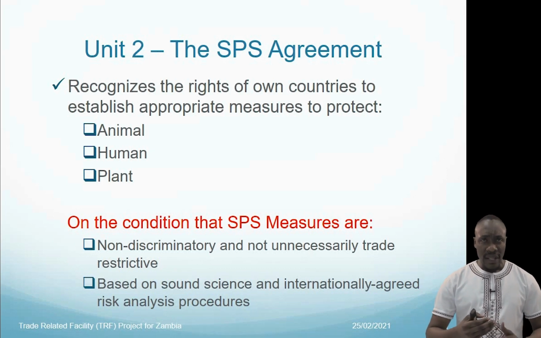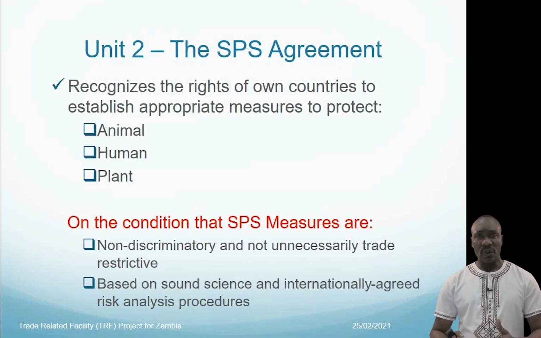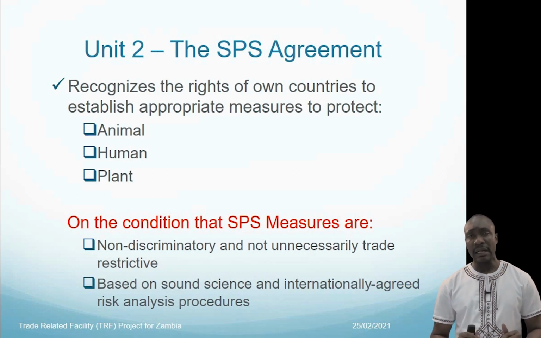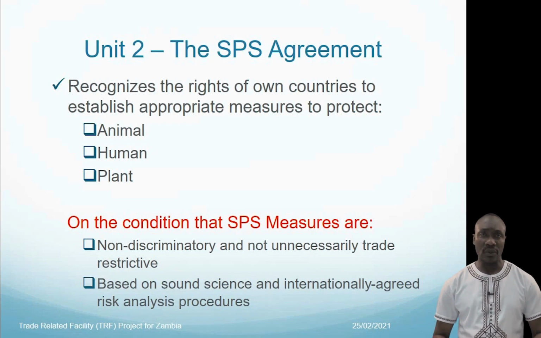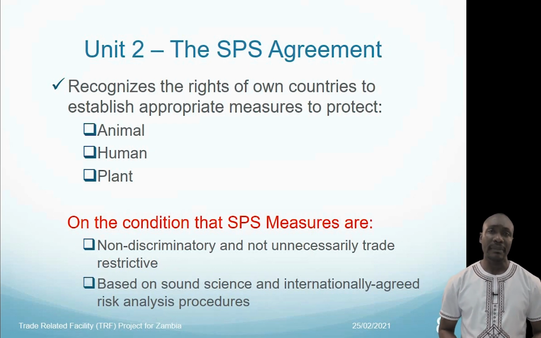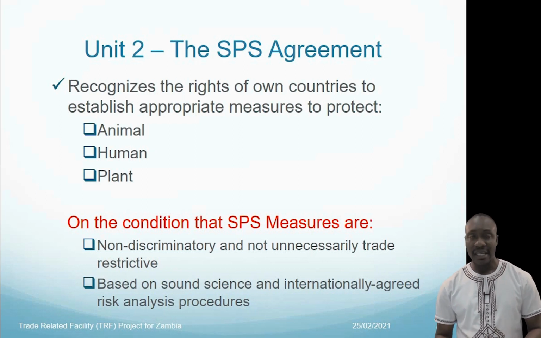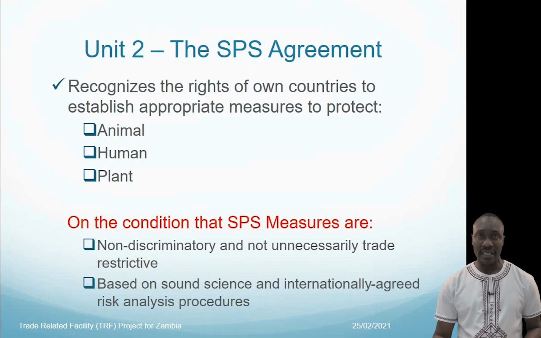So now the agreement itself gives guidelines on how you need to proceed with that intention set forth that you want to have a risk that is acceptable, okay, acceptable risk in terms of the safety concerns in a particular food commodity.